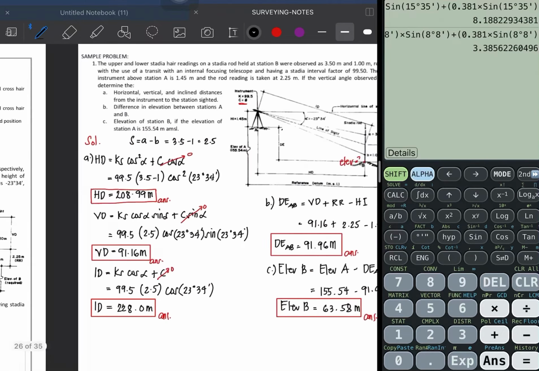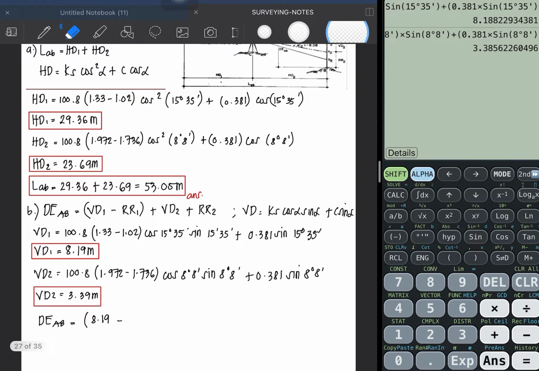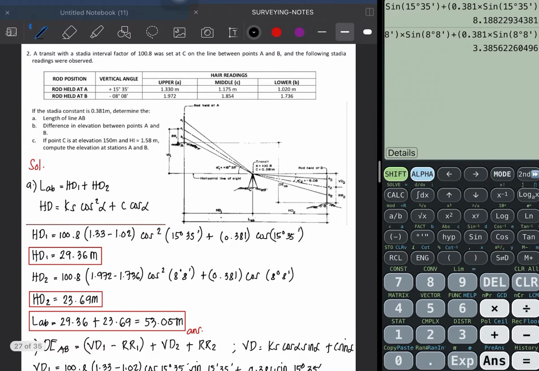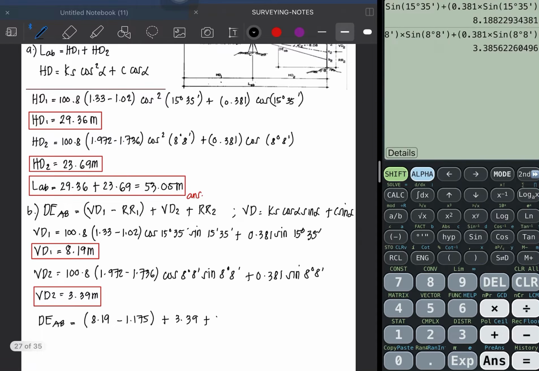So for R1, that is the horizontal crosshair reading, or that is C. So you have here C is 1.175 for the rod held at A, and then plus VD2, that is 3.39, then plus R2, that is 1.854.